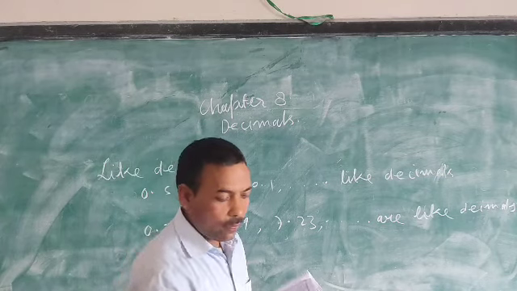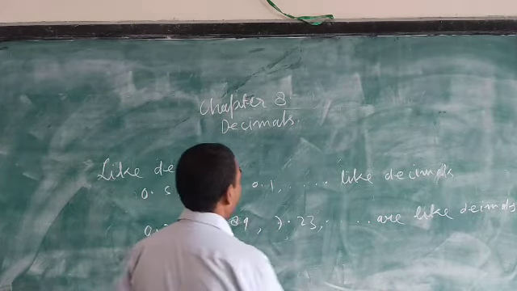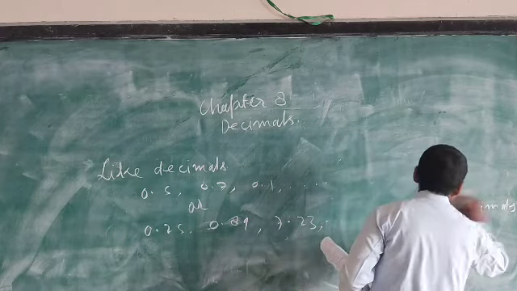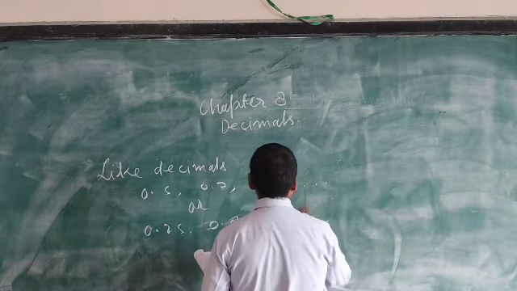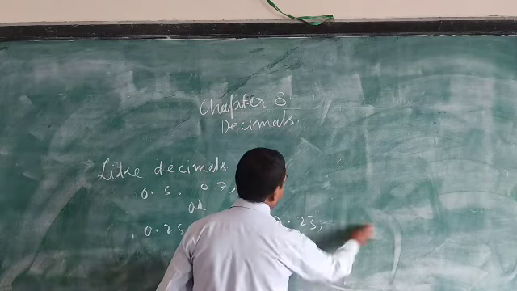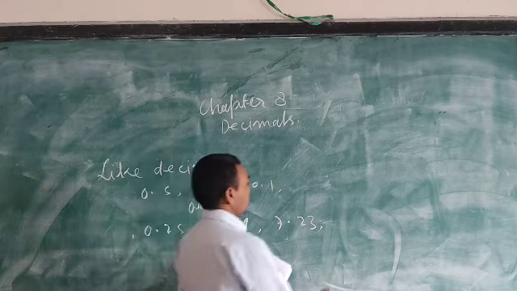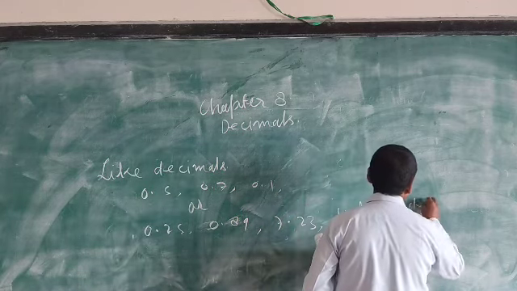And similarly, you can define unlike decimals. Suppose I write these two together, that is, after this you write this. So they are unlike decimals.